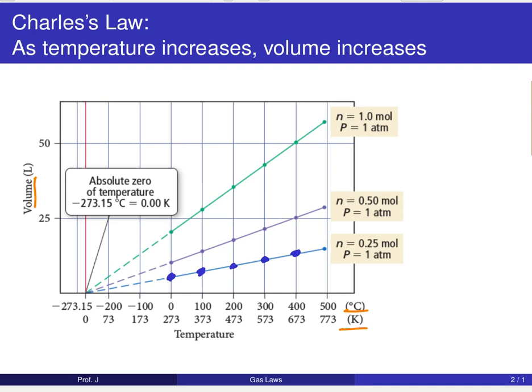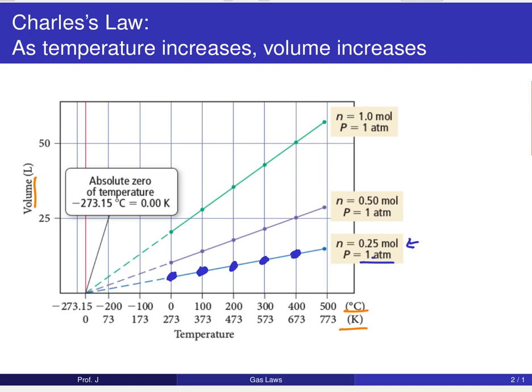Okay, and so what Charles did was then basically carry out these sorts of measurements, using these different temperature and volume readings, and then used different amounts of our given gases. So, for example, the blue line here represents gas samples that have taken a 1 atmosphere of pressure and 0.25 moles of the gas, and then carry out the same sort of measurements, right?